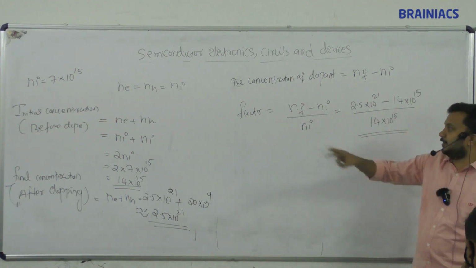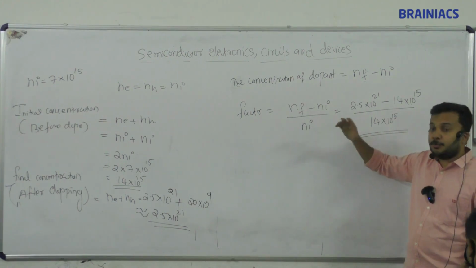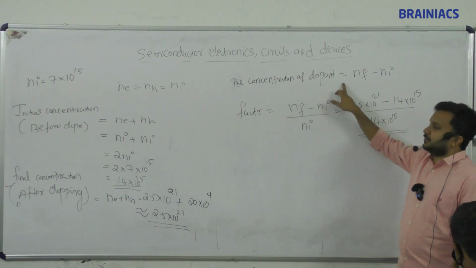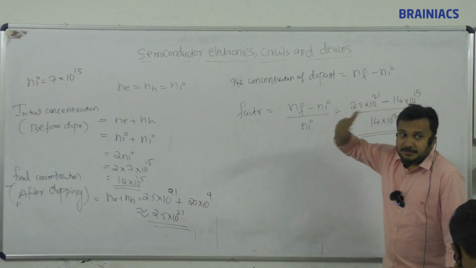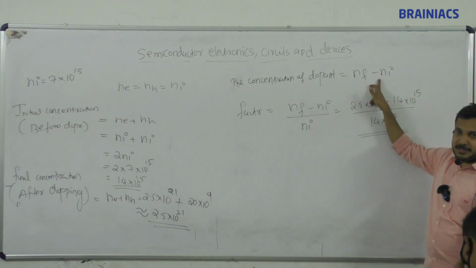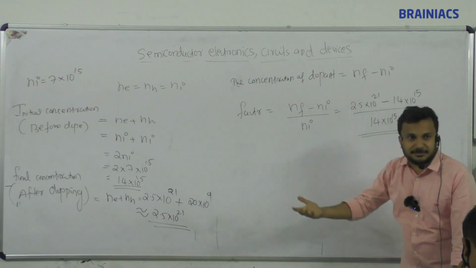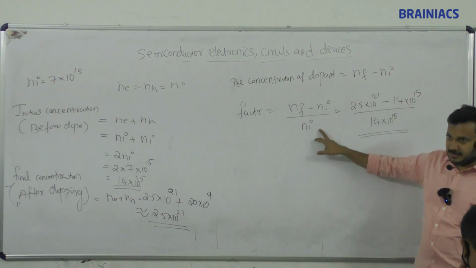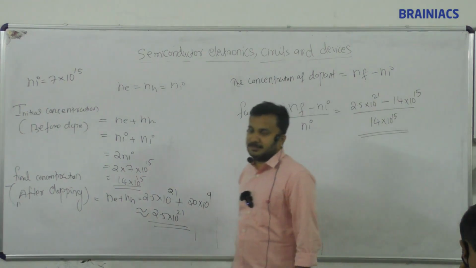If the question asks how much is increased, the carriers given by the dopant equal NF minus NI. The factor with respect to the initial level is NF minus NI divided by NI.